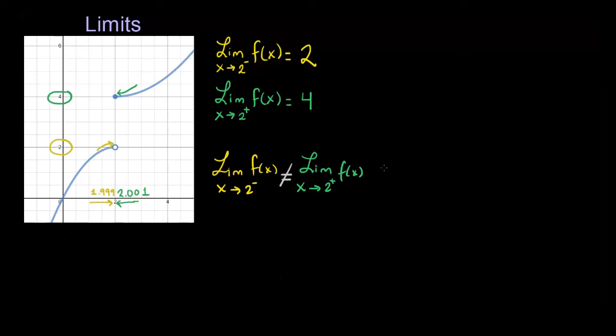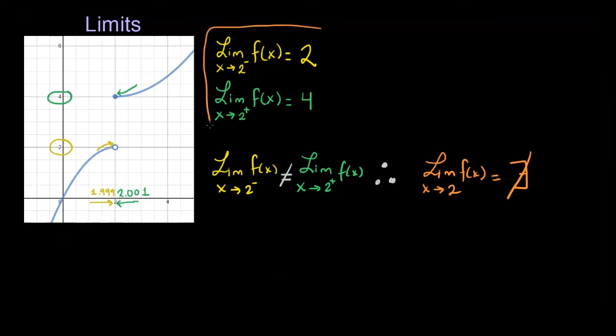And as they are different, therefore the limit of f of x when x approaches 2 does not exist. You have to remember that these two limits, from the left and from the right, should approach the same value in order for the general limit to exist.